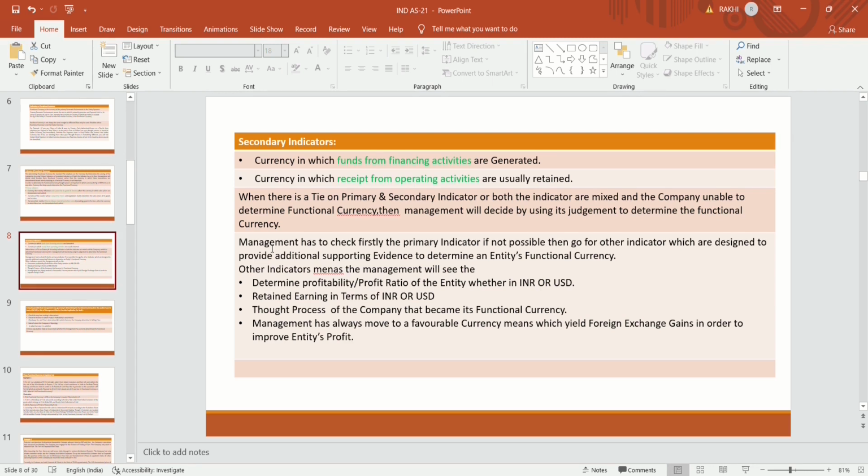If it belongs to INR, then the functional currency will be INR, and if it belongs to USD, then it becomes USD. Then the second one is the currency in which receipts from operating activities are usually retained, meaning cash from operations is in which currency?